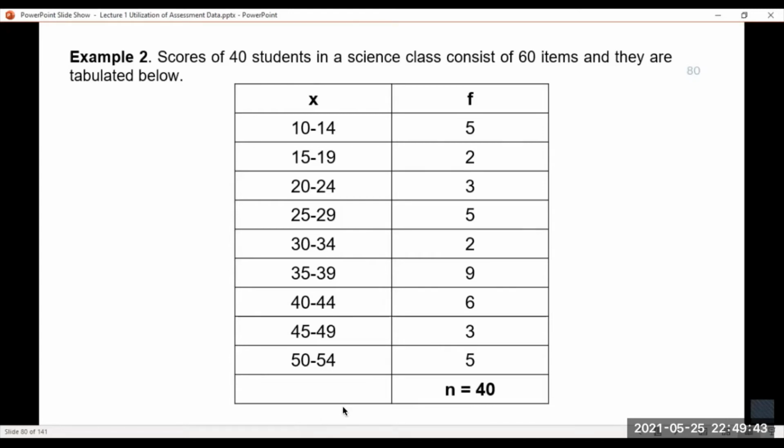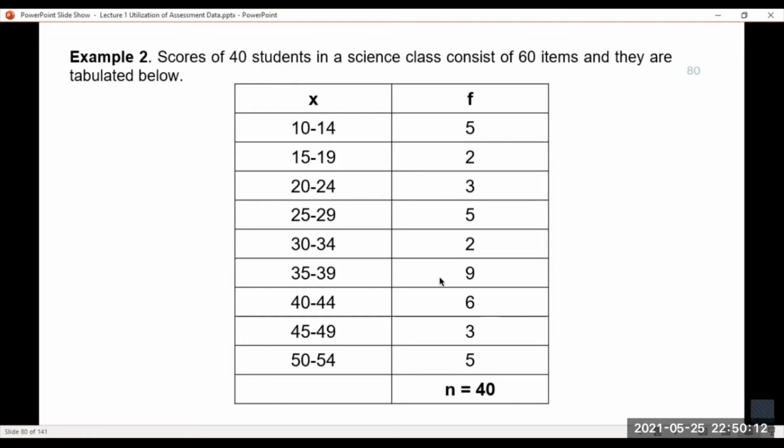If you look at the first column, we can say that 10 is the lowest score and 54 is the highest score. And then our frequencies for these categories are 5, 2, 3, 5, 2, 9, 6, 3, and 5.